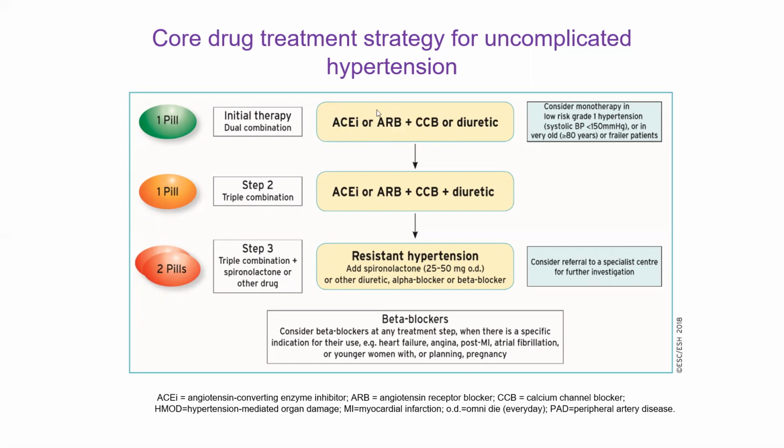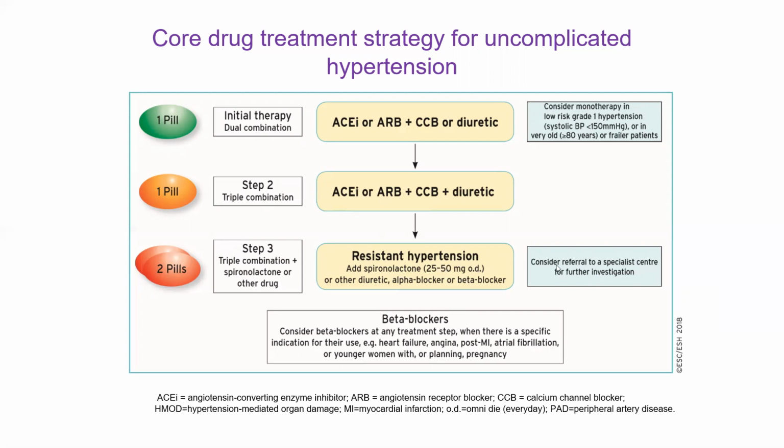First of them must be RAS inhibitor. The second drug can be calcium channel blocker or diuretic. Step number 2, we use triple combination. We use 3 above mentioned medications: diuretic, calcium channel blocker, and one of RAS inhibitors, usually ACE inhibitor. The next step is the treatment of resistant hypertension.